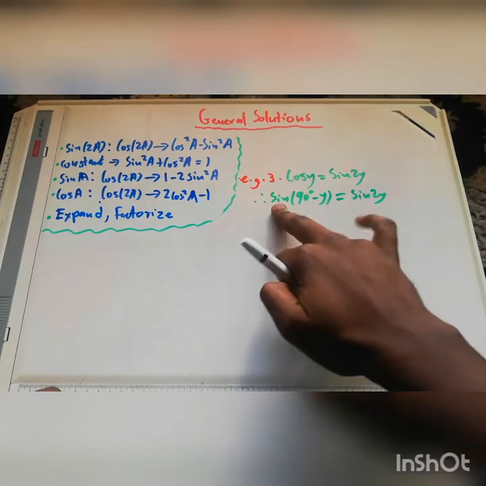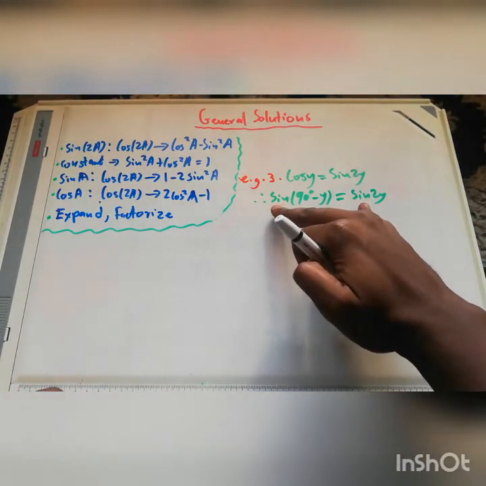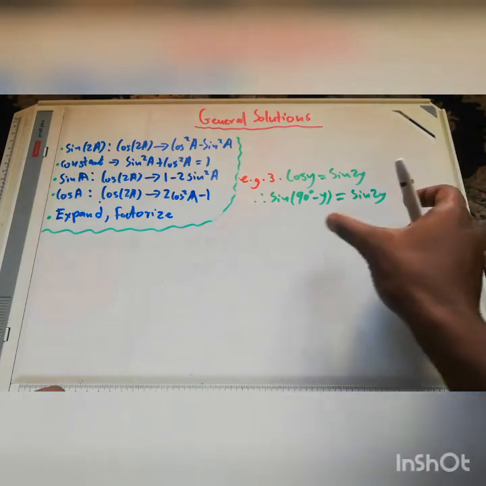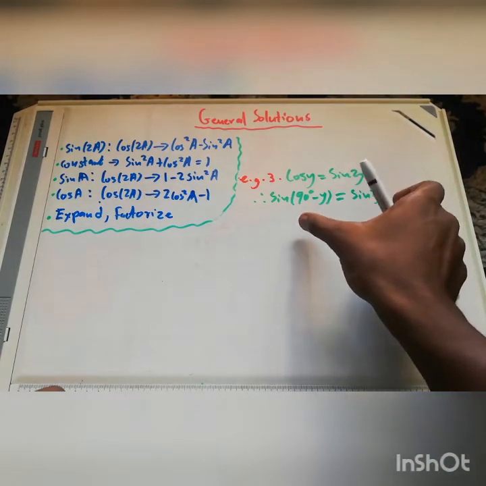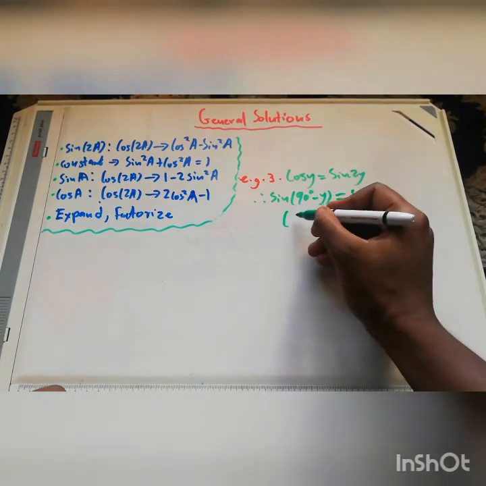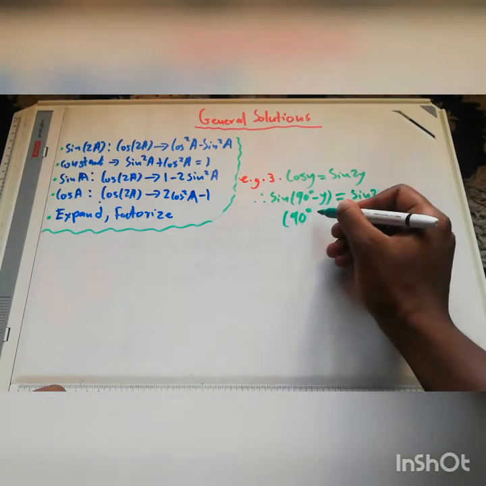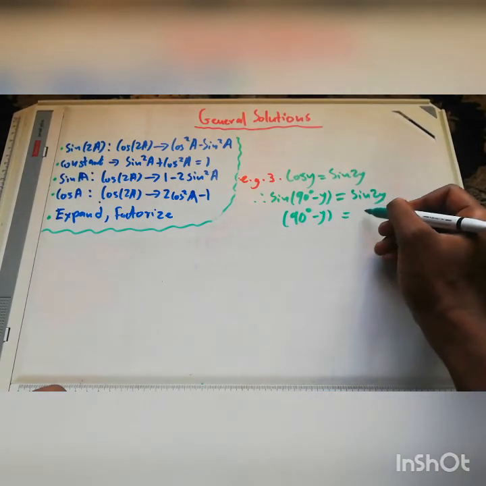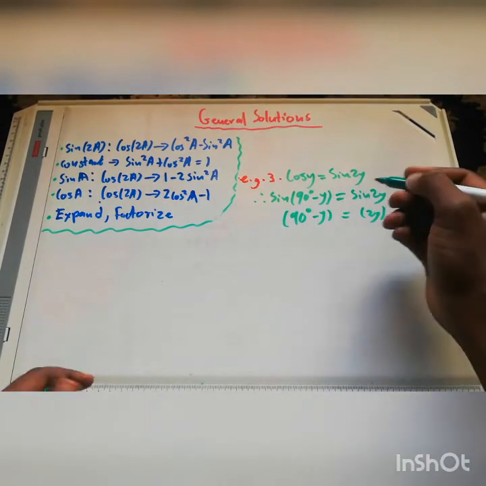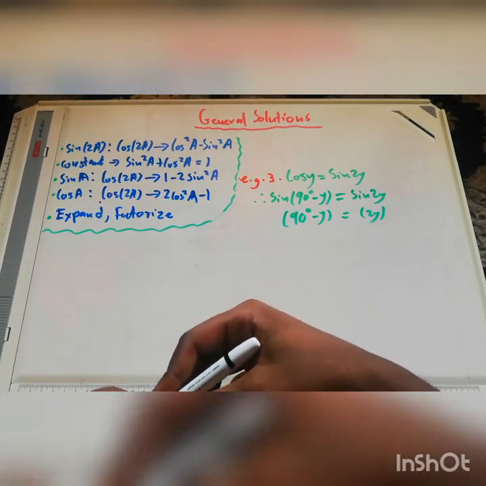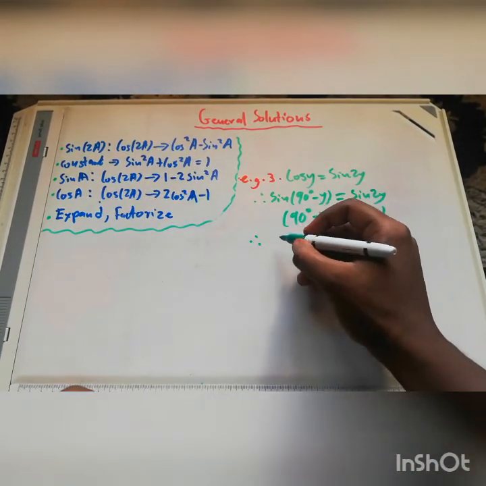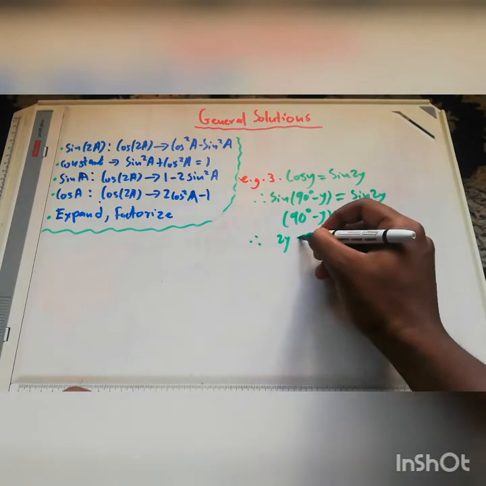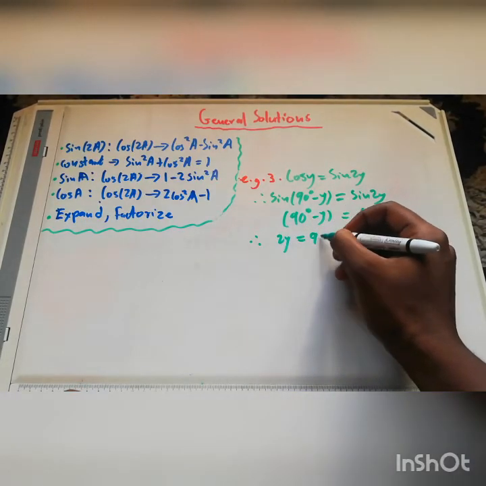So since I have the same trigonometrical signs on both sides, I can drop them and leave whatever is inside the brackets. So what is inside the bracket is this 90 minus y and this 2y. So actually my reference angle here, my 2y, is equals to 90 degrees minus y.